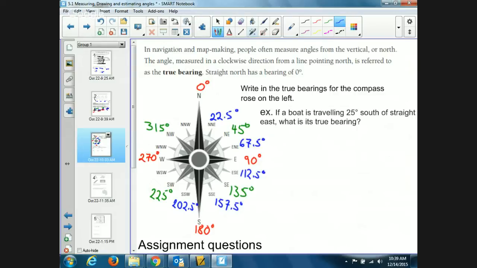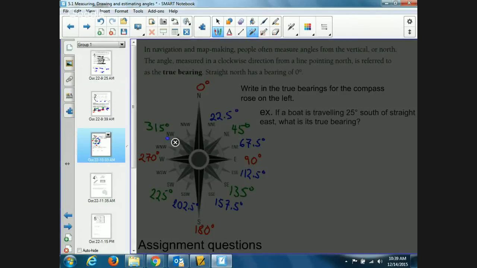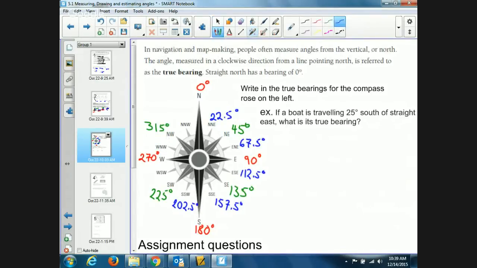Once again, it's repetitive, 247.5. Likewise, 292.5. I didn't realize I had to reset my pen here. Undid all my work. There you go. You've gone around the horn, around the compass rose, I guess.